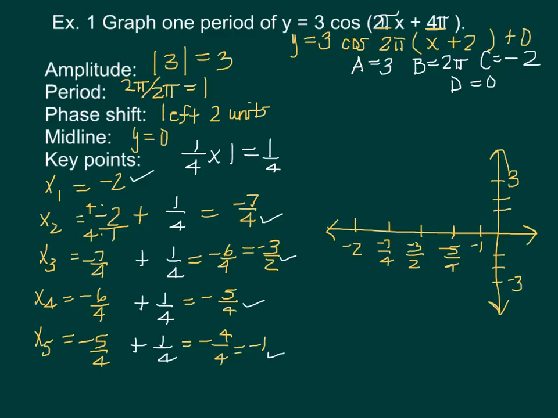Negative 3 is my min. And here's my midline. All right, remember the cosine graph. We start at your max, then 0, min, then 0, then back at your max. And there's my cosine graph.